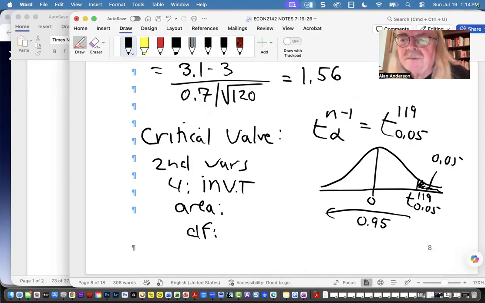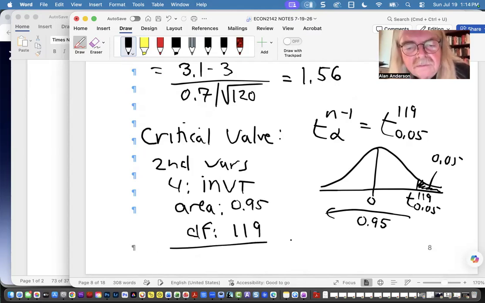Of course, that means we use 0.95 with 119 degrees of freedom. And that brings us to approximately 1.66, let's say.